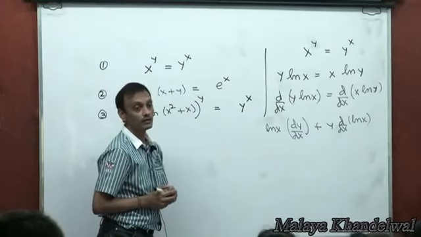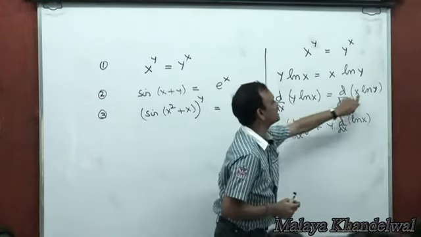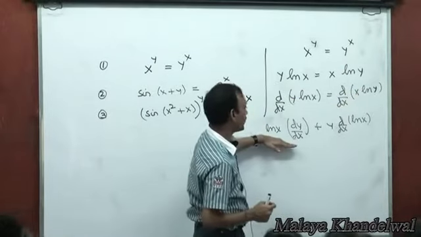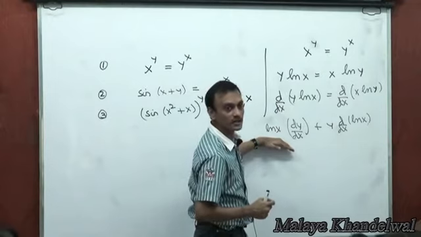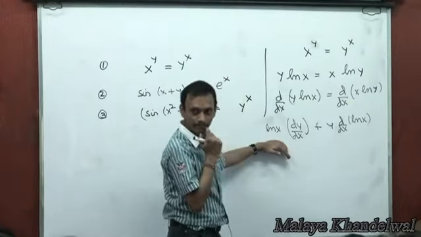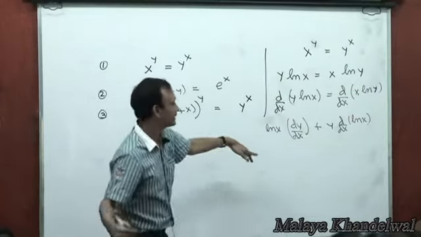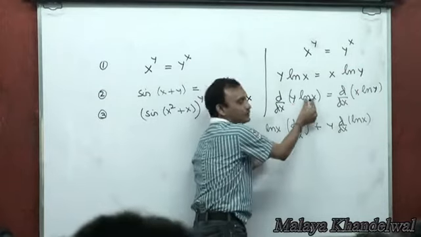d/dx of y ln x is d/dx of x ln y. Yeah, just one side. I've not taken the other side yet. Derivative of ln x into y plus derivative of y into ln x.